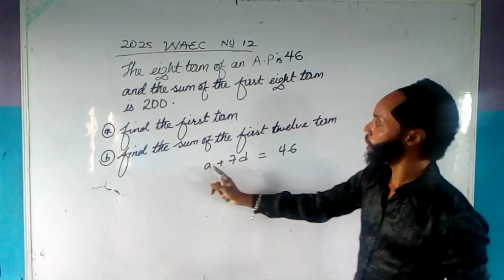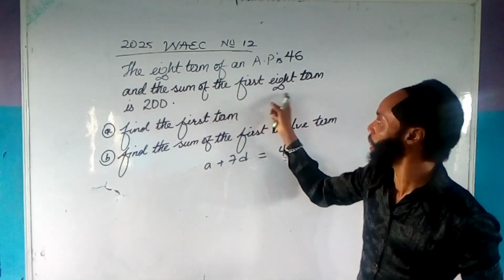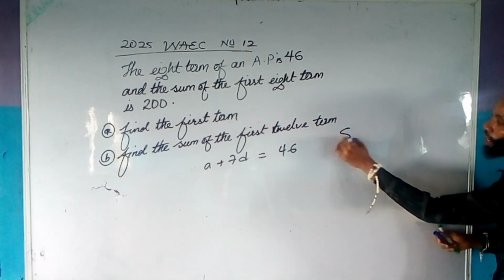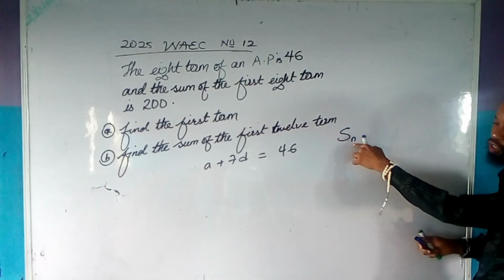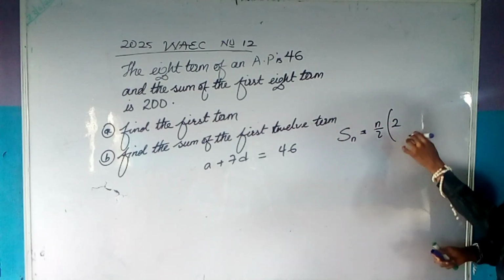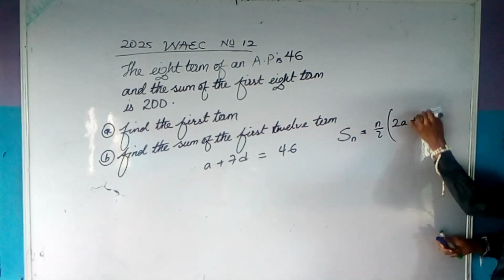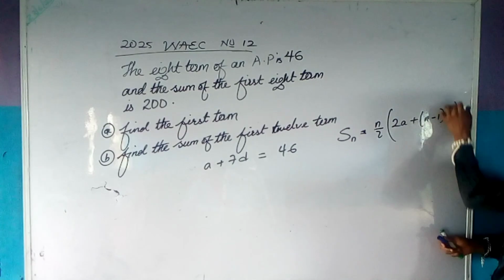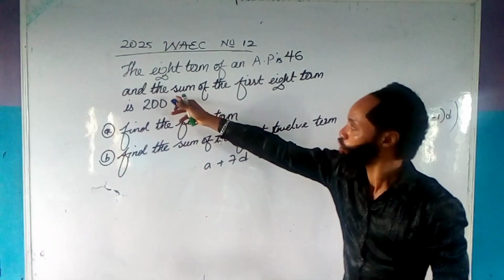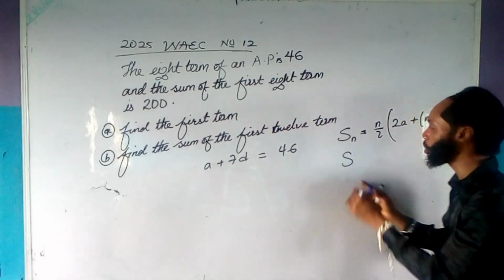Then they said that the sum of the first 8 terms is 200. We want to write this: Sn, where n is the number of terms. Remember this formula: n over 2, open bracket 2a plus open bracket n minus 1 d. Here n is 8.